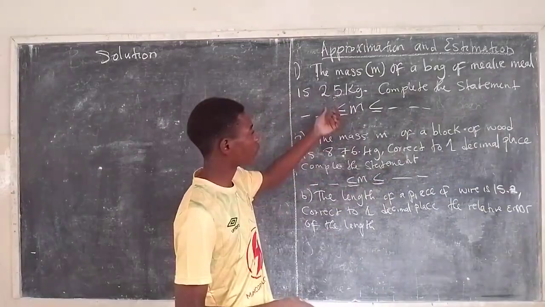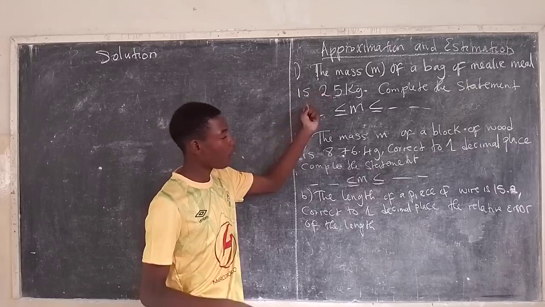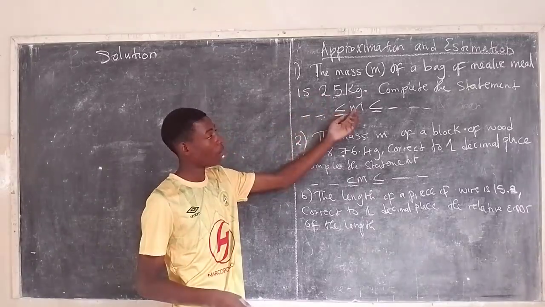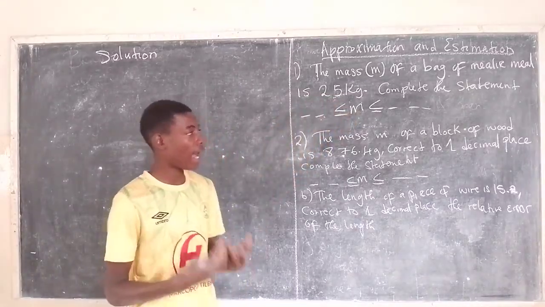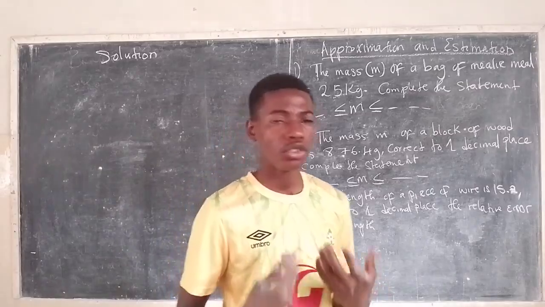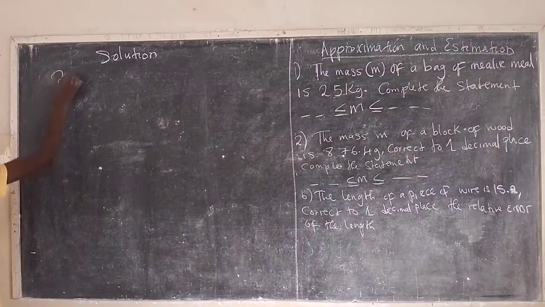In order for us to answer this one, we need to find the lower limit, the lowest, upon which the mass, which is 25, should be at least the minimum. So how are we going to find that? First we have been taught to say it's 25 kg, a 25 kg bag.